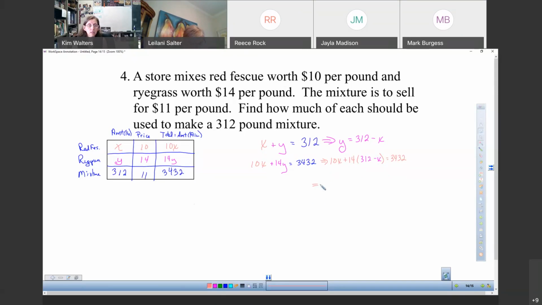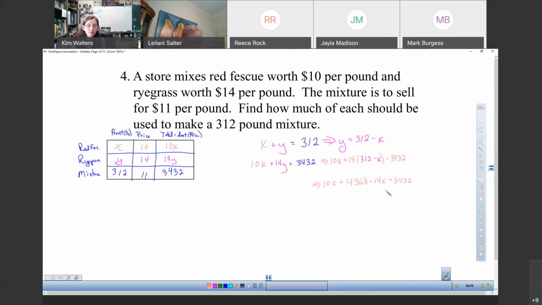All right. So I have 10x plus, large numbers make my head hurt today. So 312 times 14 is going to be 4,368 minus 14x is equal to 3,432.